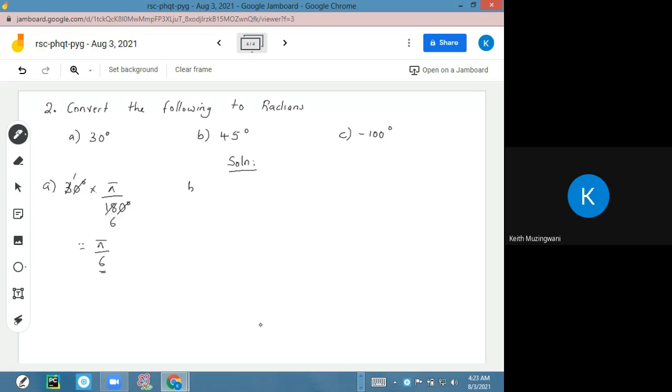To show that things are very, very easy now, you can multiply 45 degrees by pi over 180 degrees. 45 here 1, 45 here 4. So we get pi over 4.